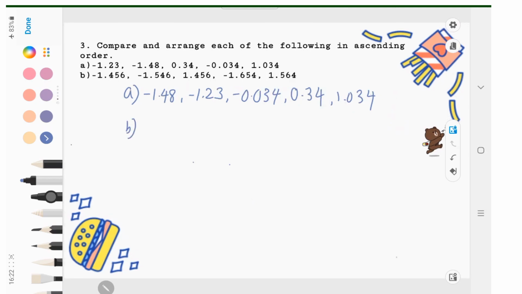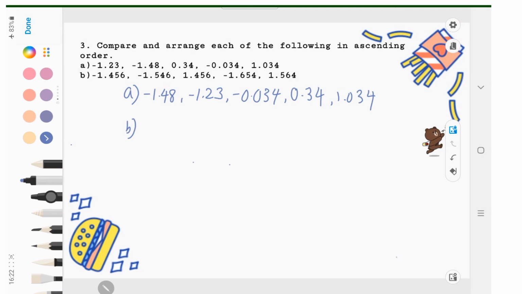B. Negative 1.456, negative 1.546, 1.456, negative 1.654, and positive 1.564.